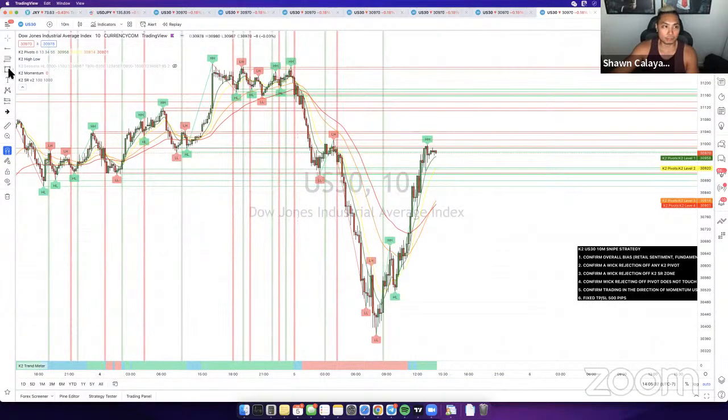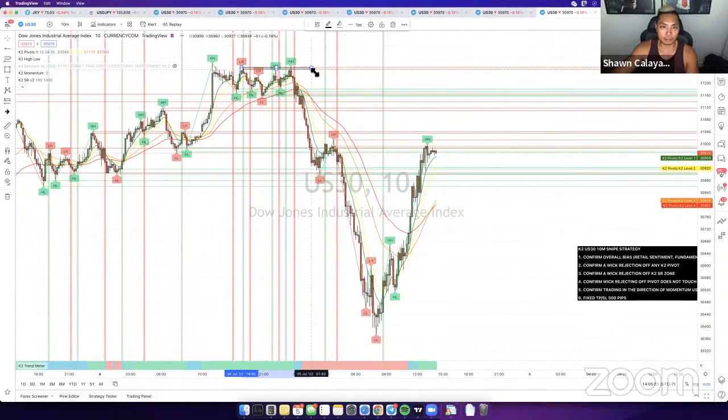To draw those zones, you're going to pull up this rectangle tool, and you're just going to draw over the zones there. So basically all you're doing is you're drawing over the K2SR zones, and that's about it.